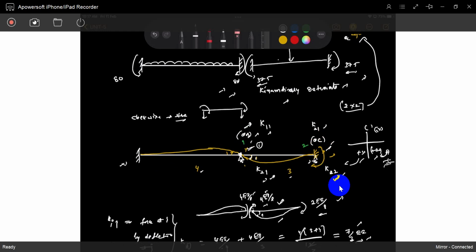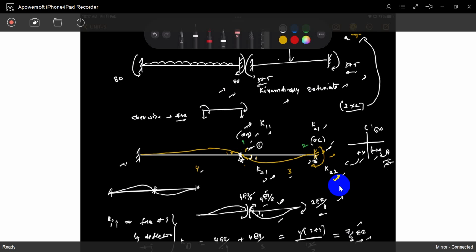I release one direction and take it as forces here. So first we took everything as fixed, and this is the one joint. At this joint we allow 1 unit rotation. Like this, the flexibility matrix or stiffness matrix, we have to find out when, in a stiffness matrix, we arrest everything.